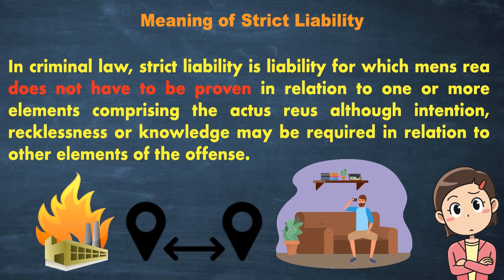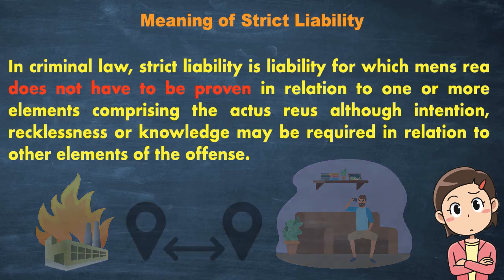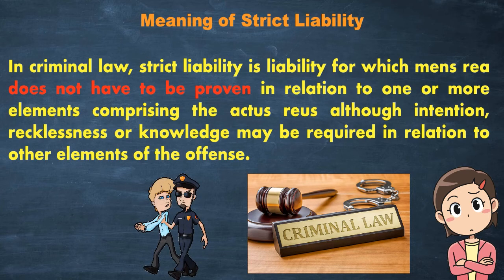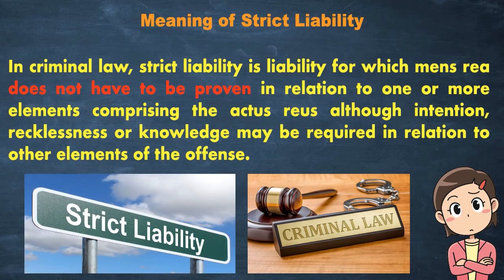Similarly, in criminal law, if you don't have any intention, even then you will be held responsible under strict liability. The liability is said to be strict because defendants could be convicted even though they were genuinely ignorant of one or more factors that made their acts or omissions criminal.